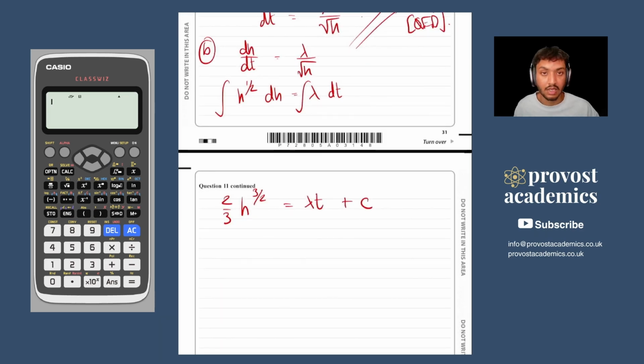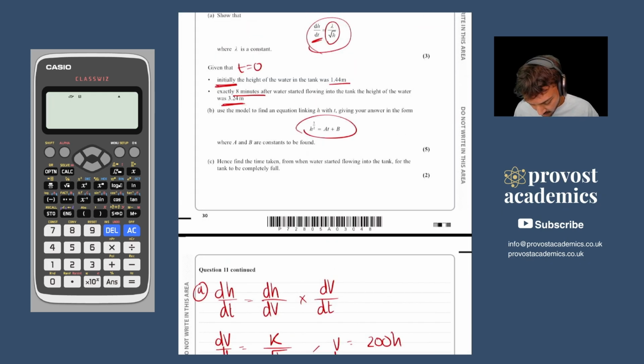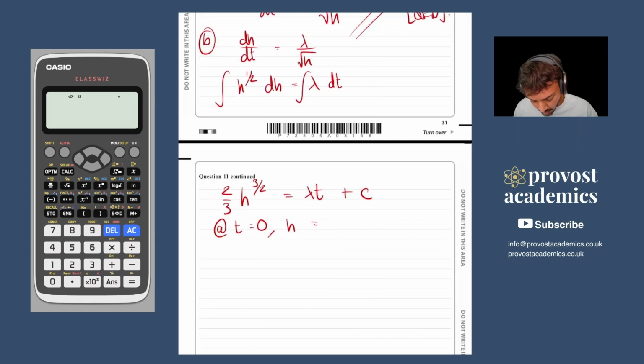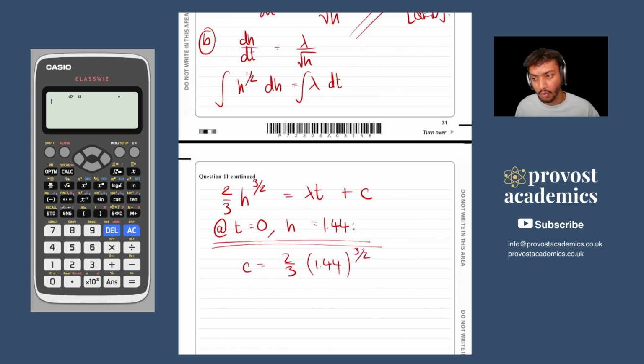Now for us, we need to find this plus c. So we know that at t equals 0, what was the height? 1.44. So if I just put this in my calculator, c is going to be equal to 2/3 of 1.44 to the power of 3 over 2, square root of it, which is going to be 1.2. 1.2 cubed, whatever that is, times 2/3. 1.152.